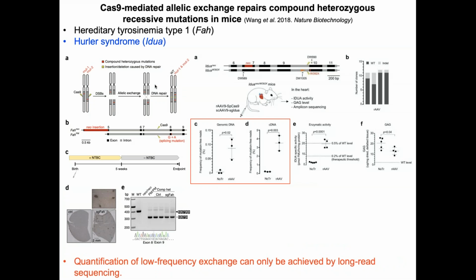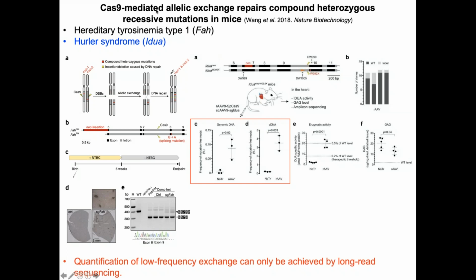So what I wanted to do now was to touch upon how we've also been using SMRT sequencing in order to quantify the editing efficiencies of some of our gene editing platforms. So what I'm going to talk about is work that was spearheaded by Dan Wang in the group in collaboration with a few investigators in labs here at UMass.